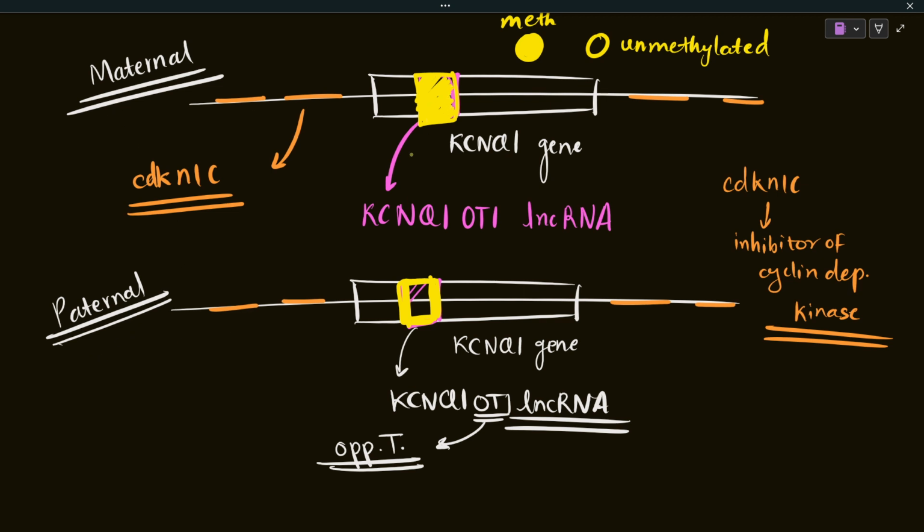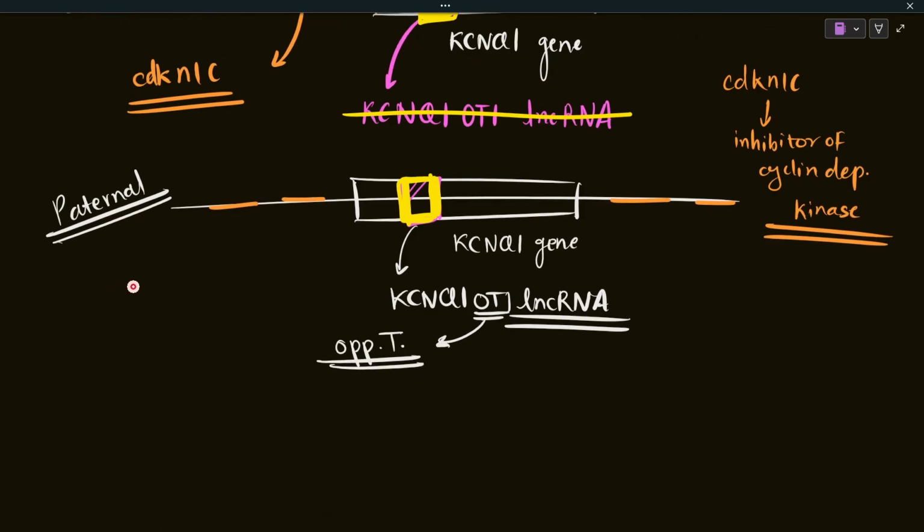If it is methylated in the maternal copy, it is repressed, so the long non-coding RNA will not be expressed there, but it will be expressed in the paternal copy. In the paternal copy, the methylation is not there, so that is why the long non-coding RNA will be expressed.